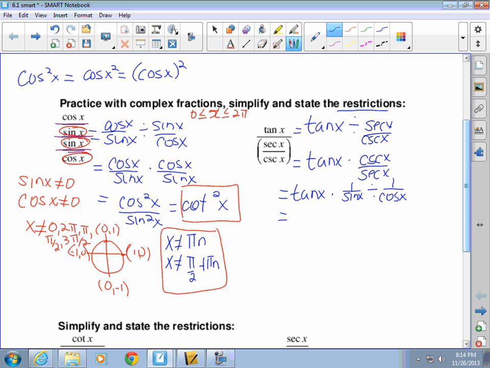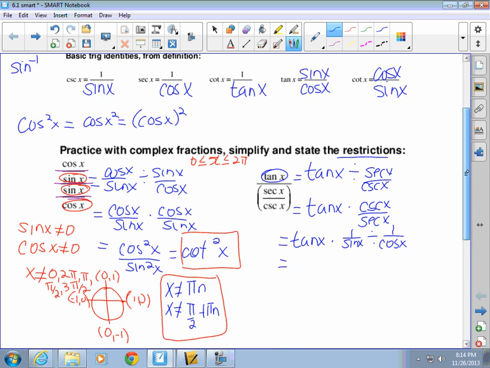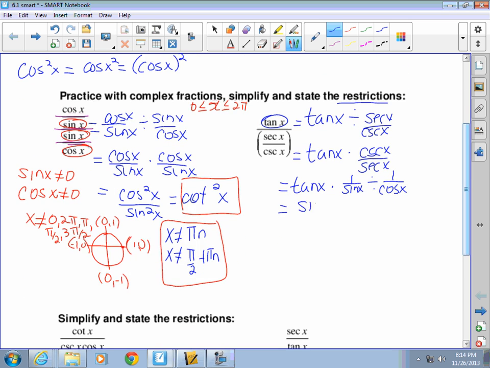So if I write this all out, since I'm working in terms of sine and cosine, I might as well change this tangent into sine and cos terms. So tangent, if you remember, was the same as sine over cos. So this is sine x over cos x times 1 over sine x times cos x over 1.